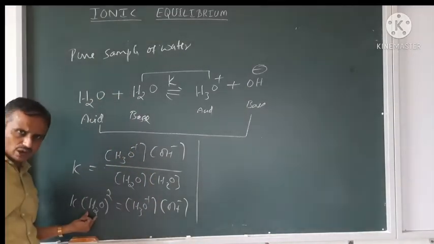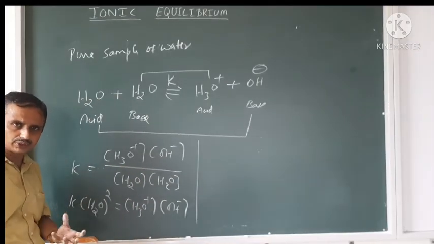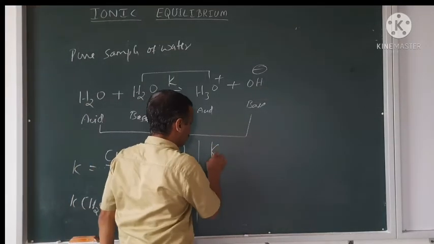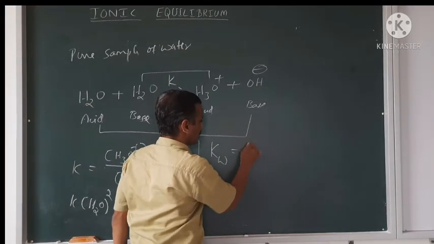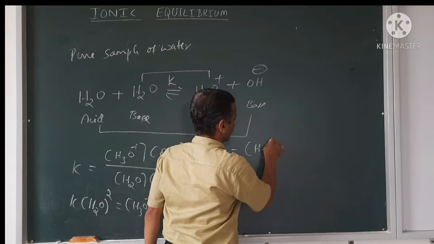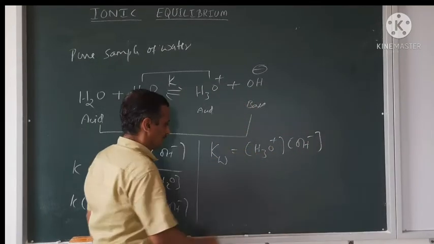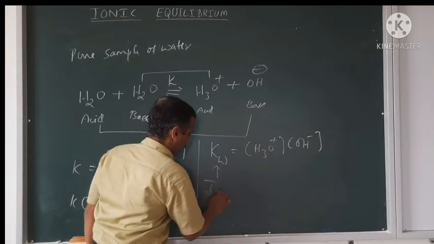And as the water is remaining almost constant, its square is again a constant only. So I will introduce a new constant Kw is equal to H3O plus concentration into OH minus concentration. And this is called the ionic product of water.